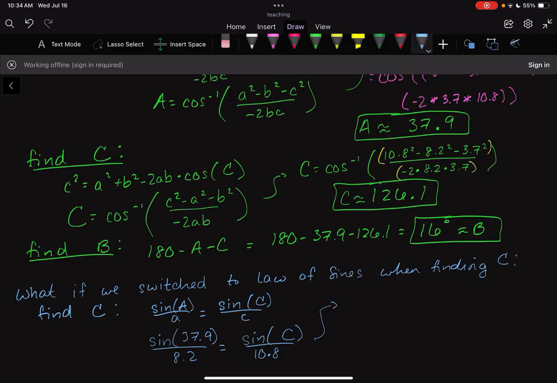If I solve this for C, which you can look back at the solving steps in 5.1 if you need to, I'm going to do it fairly quickly. So I get sine C is equal to 10.8 times sine 37.9 divided by 8.2. So C is equal to sine inverse of all that.